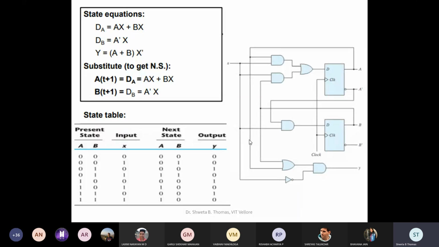So there is a certain procedure for analyzing this sequential circuit. How to proceed? First, you need to draw the state table. So what is the state table?